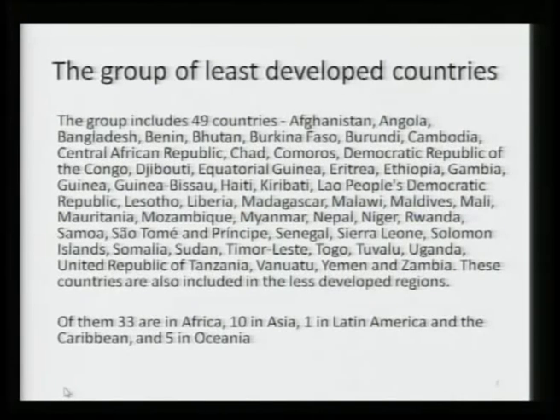Nepal is one, Bangladesh is another, and Bhutan is also part of the least developed countries. Of these 49 countries, 33 are in Africa, 10 in Asia, one in Latin America and the Caribbean, and 5 in Oceania. So it is mostly African countries which are least developed.